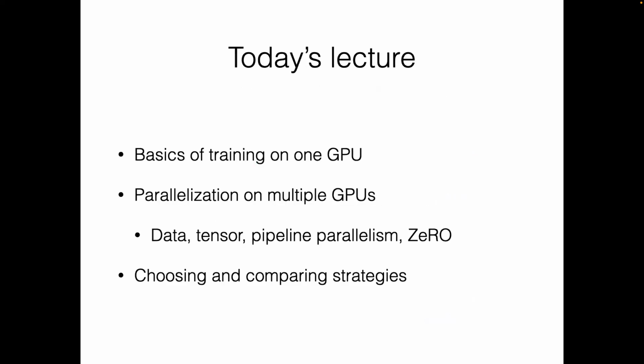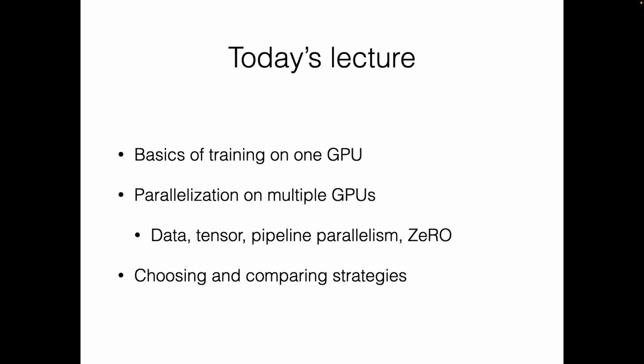Okay, so the way today's lecture is structured is these three different parts, and I think most of the time is on the second part. So first we'll go over the basics of just training on one GPU. This will help introduce some of the terminology, some of the metrics that we actually saw on the previous slide. And then we'll move to parallelization. So if you have multiple GPUs or multiple nodes, what are some different strategies?